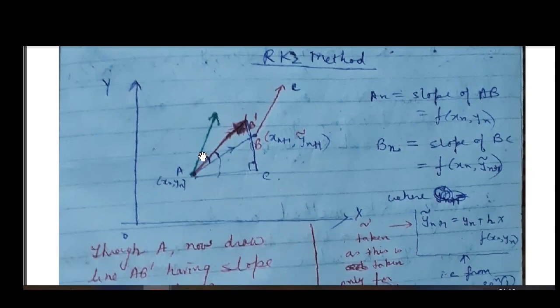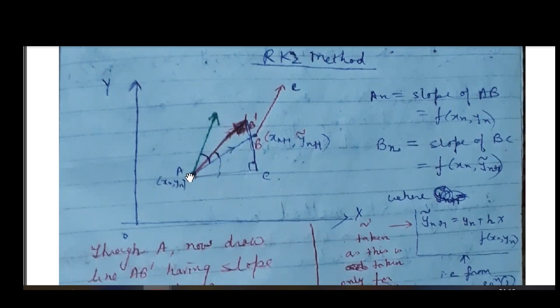Then I take the angle between this new line, say A dash, and AB. If it is theta, I take theta by 2. And then making an angle theta by 2, I draw a line segment AB dashed. So if it is theta, and it is theta 1, so theta plus theta 1.